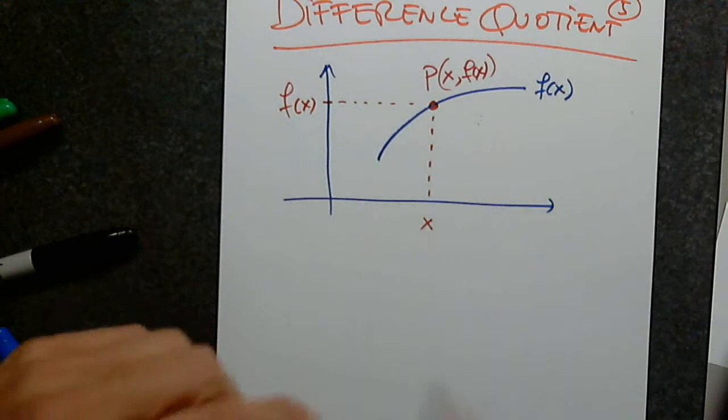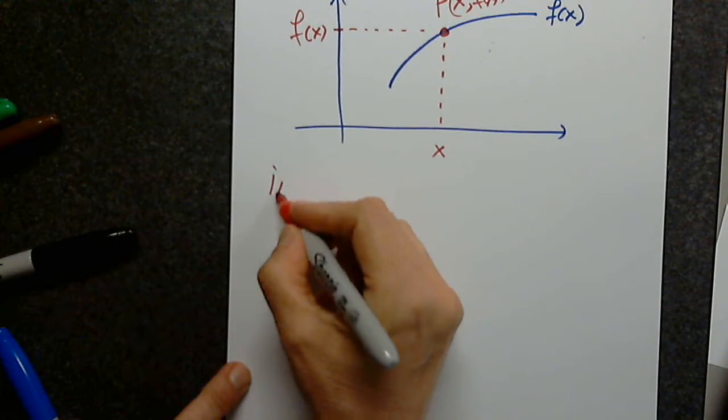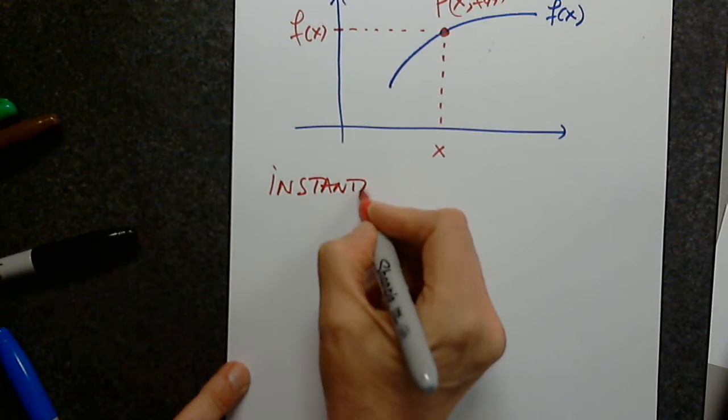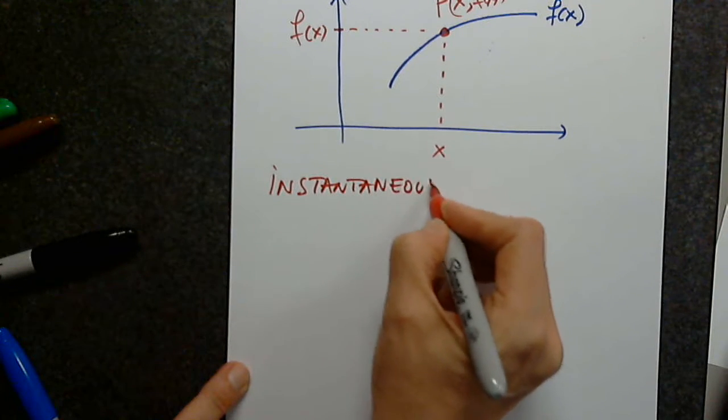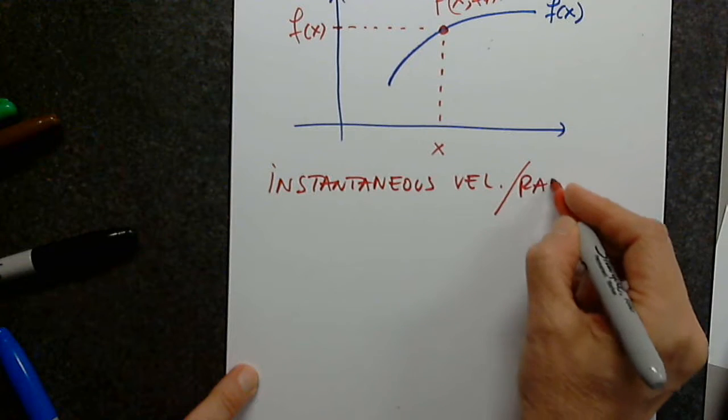Let's suppose I'm asked to find the instantaneous velocity at this point. I'm not asked to find the average velocity between 2 points. I'm asked to find the instantaneous velocity at that point, or the rate of change.